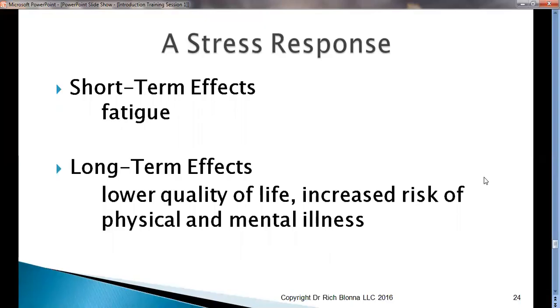However, if you have chronic, ongoing stress, and you don't either remove it or cope with it successfully, the long-term effects will wear you out. They'll wear you down, they'll use up all your available energy, and they'll reduce the quality of your life.